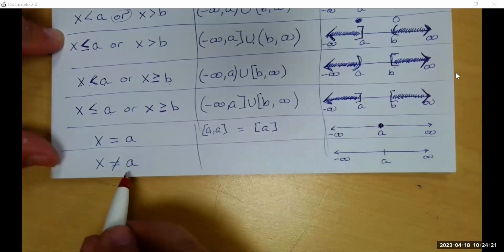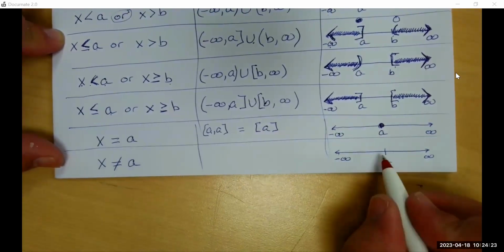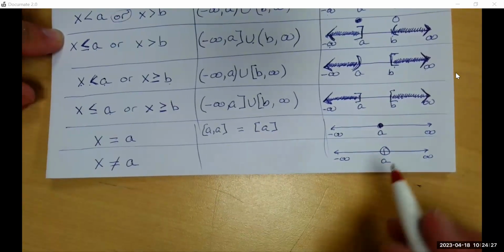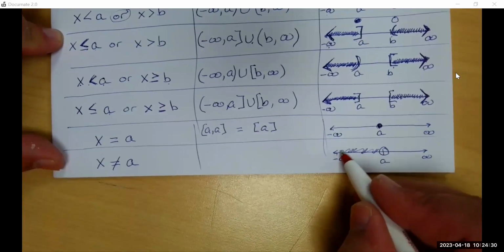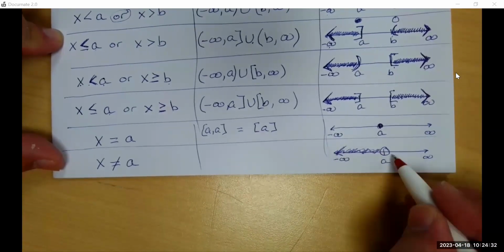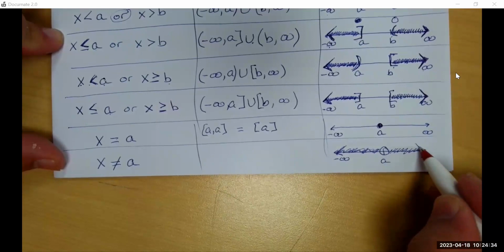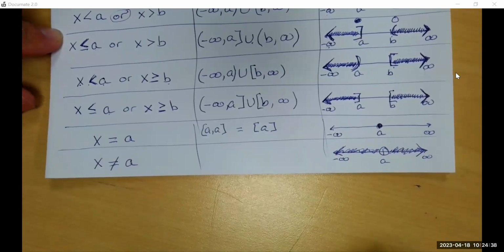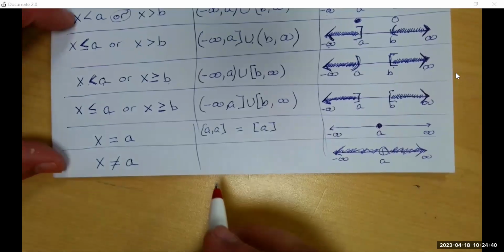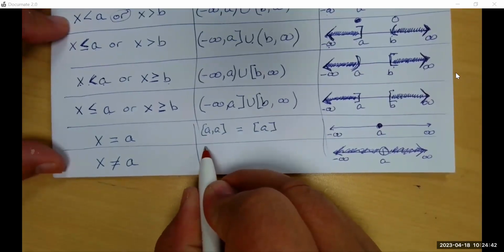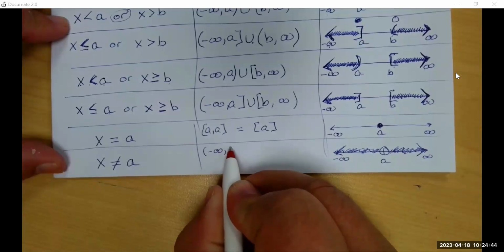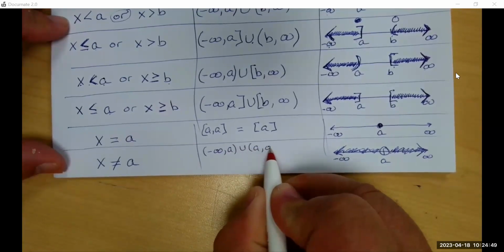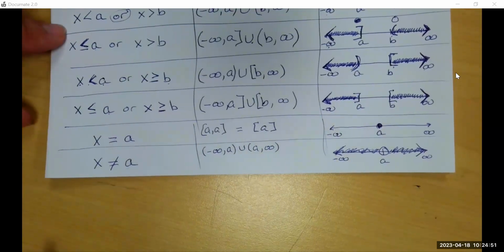And the last one, since it cannot equal A, it's an open circle. That means it's everything else. Everything else except A. We could write it negative infinity to A, union A to positive infinity, but that's a lot of writing.